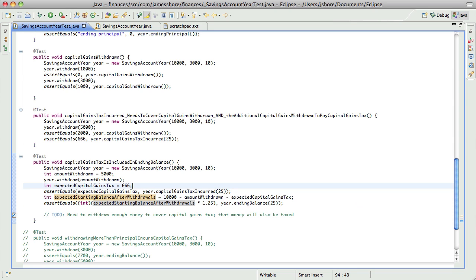Okay, well maybe our expected capital gains tax isn't 666. We withdraw 5,000, which means that we're withdrawing 2,000 in capital gains, which means that with a 25% tax rate, we're incurring $666 of capital gains tax-related withdrawal.